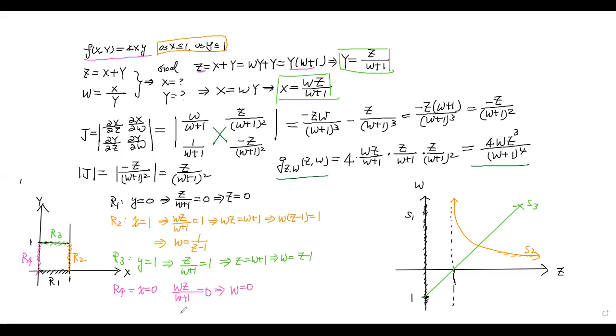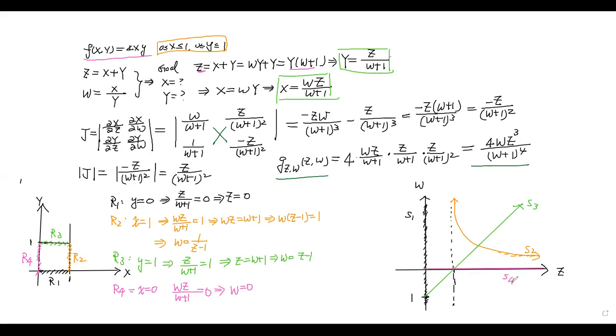If z equals 0, then the y here will be 0 also. So this is only x equal to 0, not both x equal to 0 and y equal to 0, which is not at the origin. That's why it's w equal to 0. So w equal to 0 means this is the z-axis here, right? So this is my S4 here.